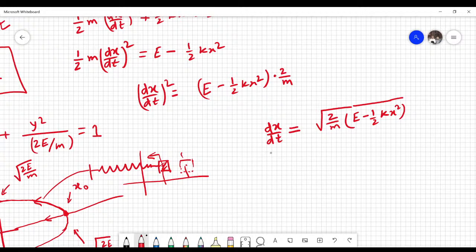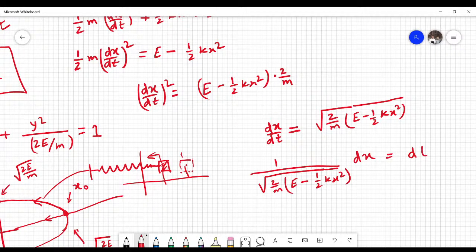And then you've separated the variables, so you can write: 1 over square root of 2 by m (E minus half k x squared) dx equals dt.